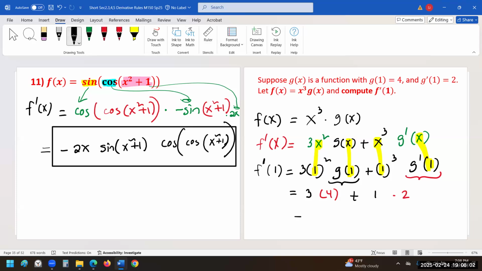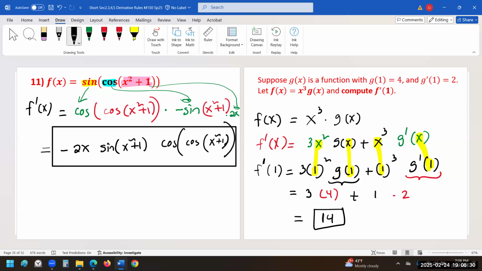So in other words, we have 3 times 4 plus 1 times 2. How much is the total? 14. That's all. They didn't give us the function. We don't care. The smart thing is here that anytime any function, its derivative is the same thing with the prime on the top. That's it.